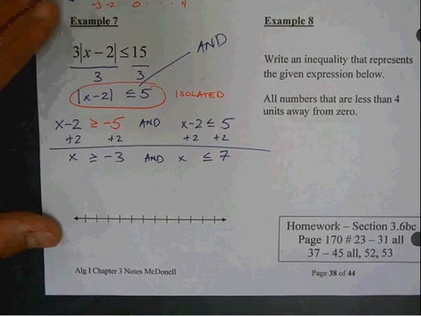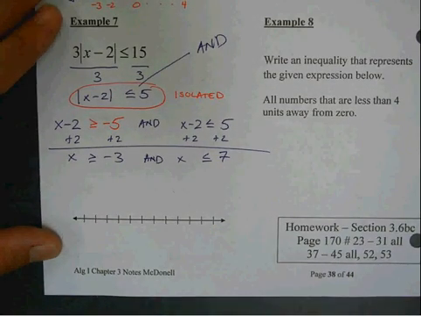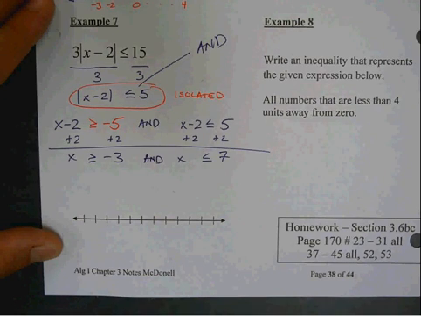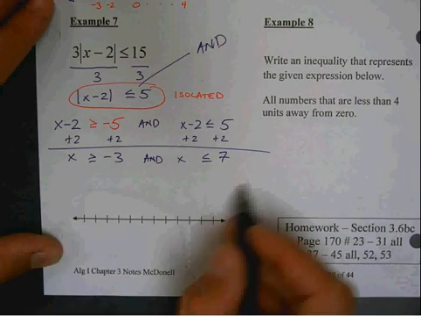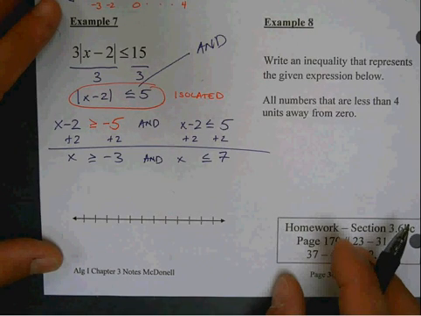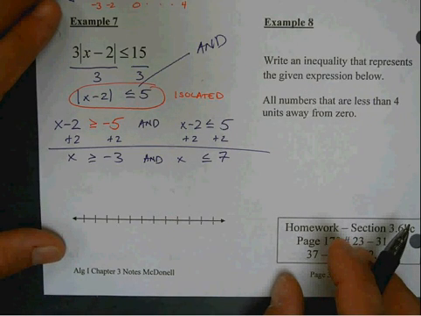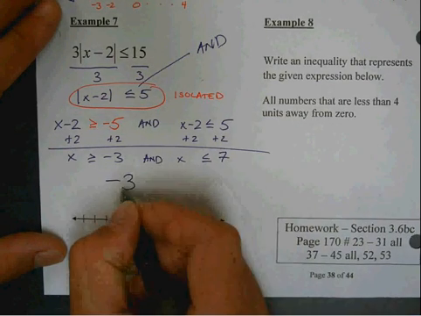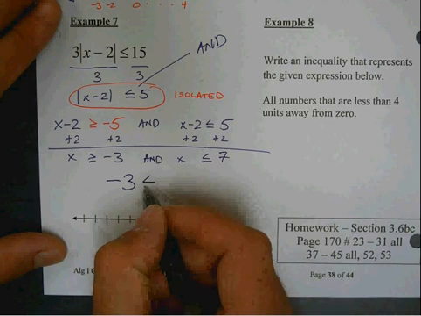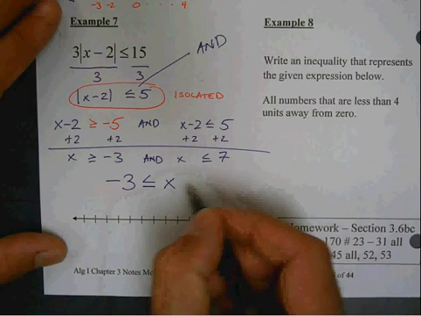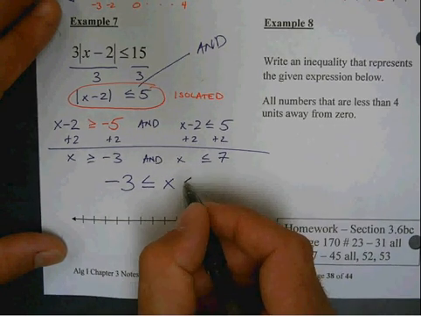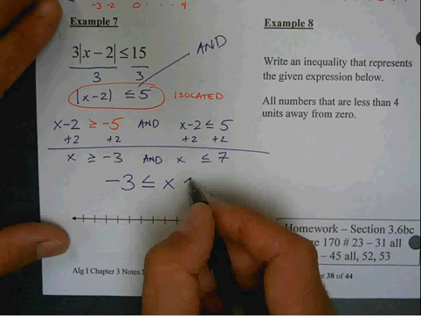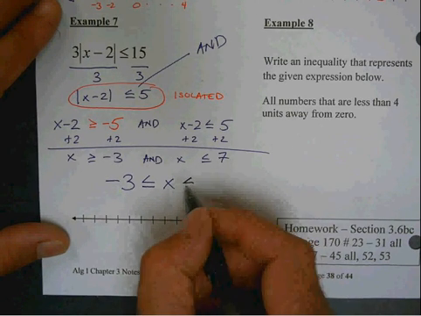Who can give me the correct form to write this as one combined inequality? Anybody? Chris, go ahead. Just keep going to less than or equal to 7.